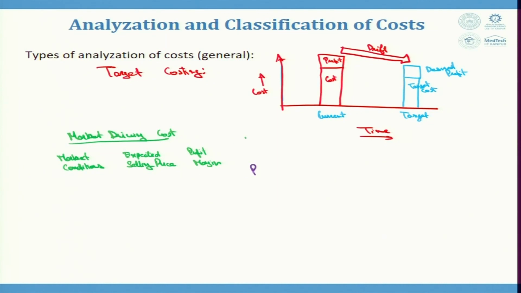So, here we come to the product level costing, where the allowable cost and the product level target cost is fixed. And then we come to the component level.